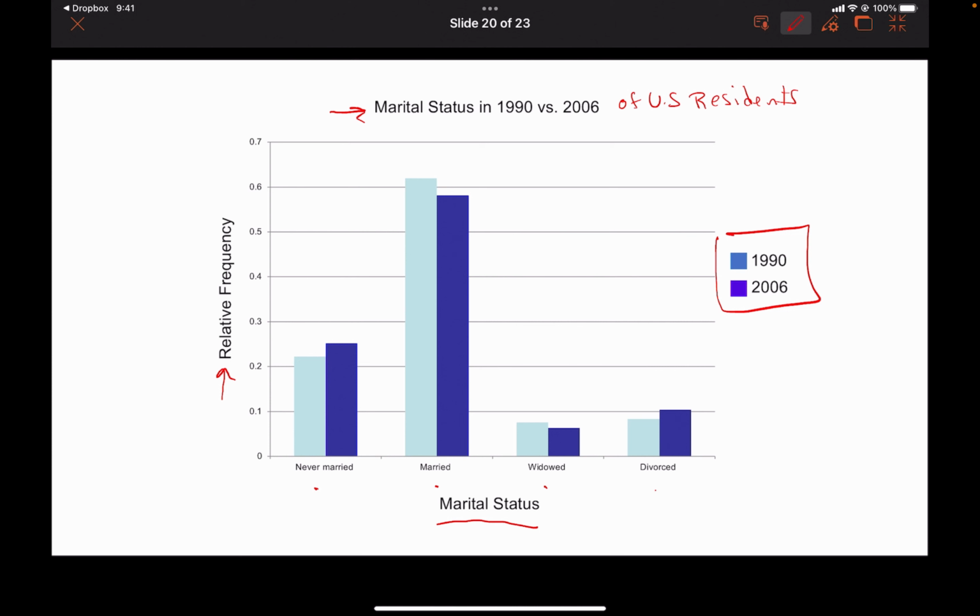We can make whatever inferences we need. We can say that fewer people are getting married in 2006, more people are never married, or that divorce rates are higher, whatever you're going to use this data for.